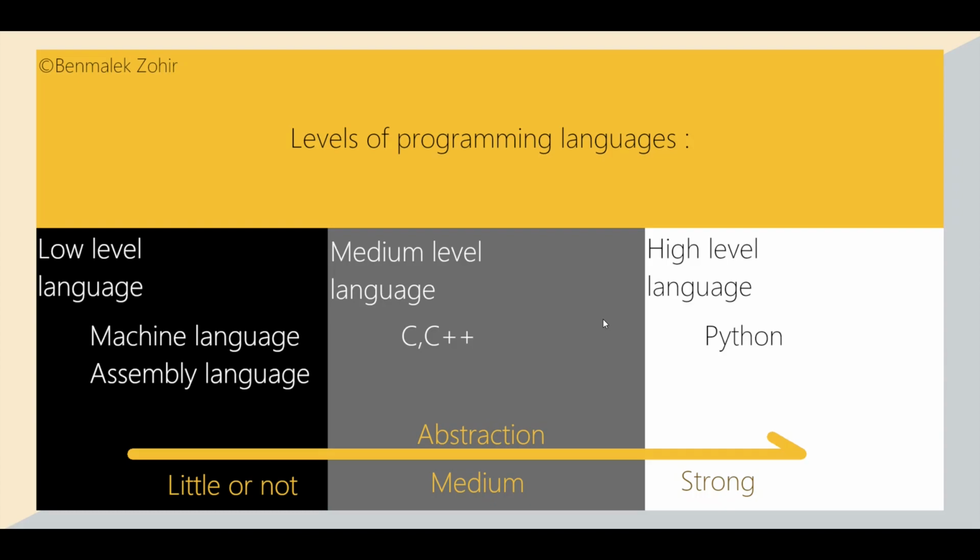It's not direct and not fast, but it is simpler and less complicated. So there is the cost of complication. On the low-level language, the complication is high, and on the high-level language, the complication is mostly low, and on the medium level, it's in between. It's not high and not low. So those are the levels of programming languages.